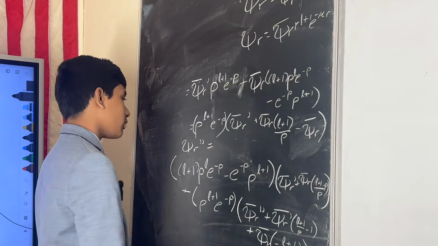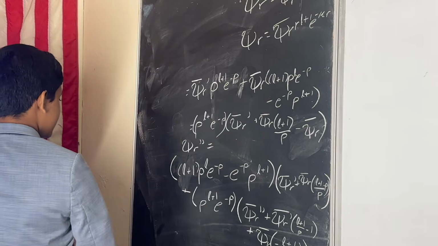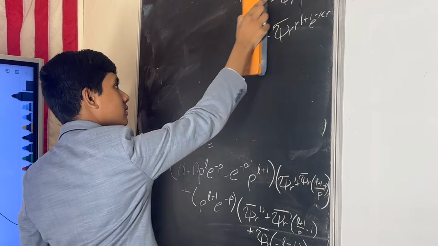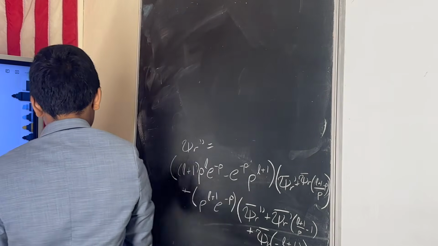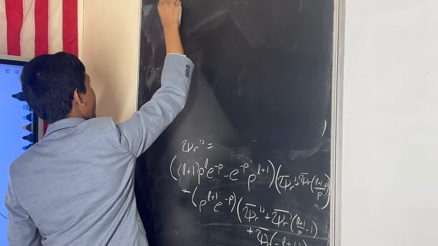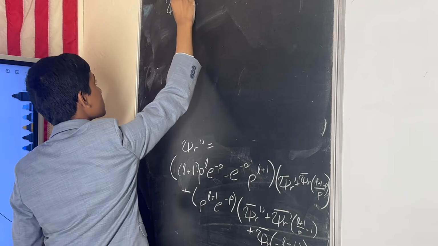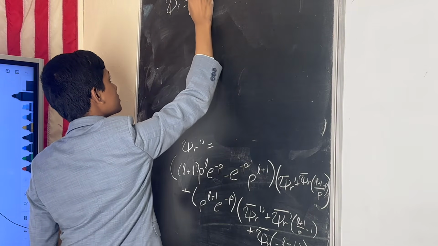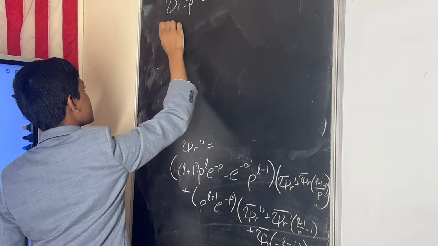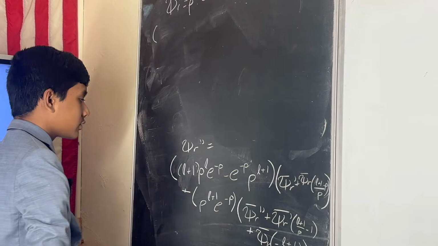Now what we're going to try to do is condense it by factorizing it. First thing we do is try to factorize rho^(L+1) e to the minus rho again, which will hopefully give us a simpler inner term.